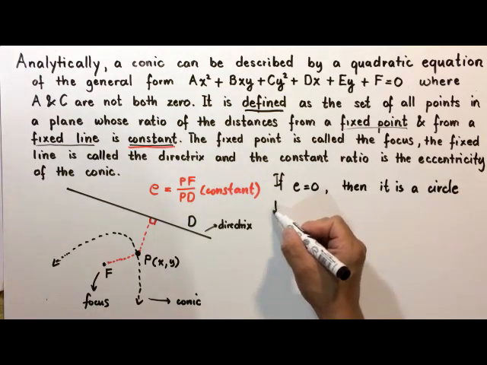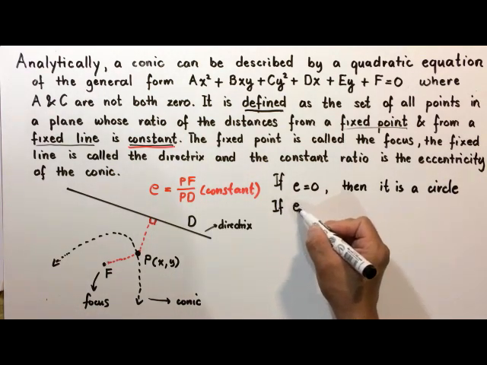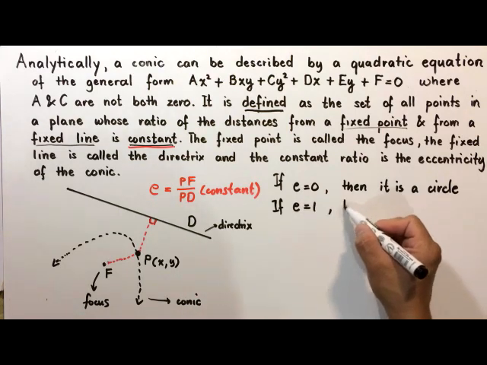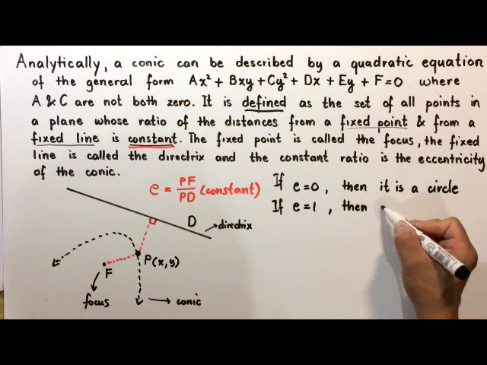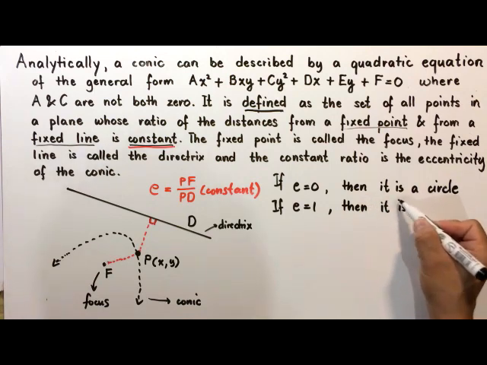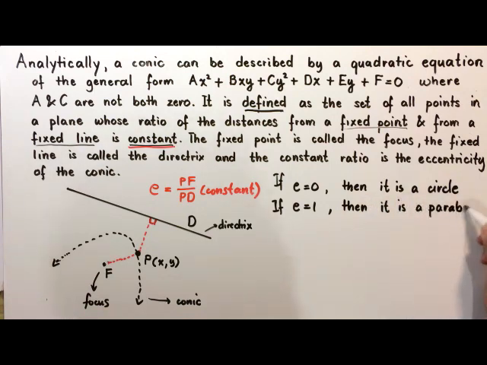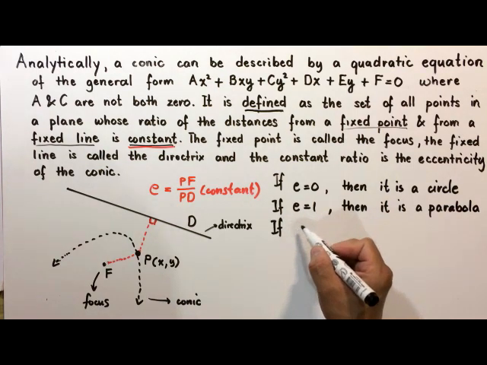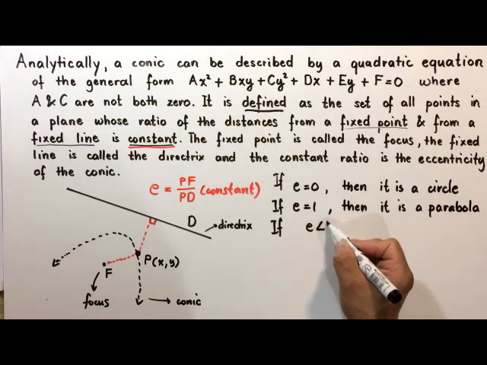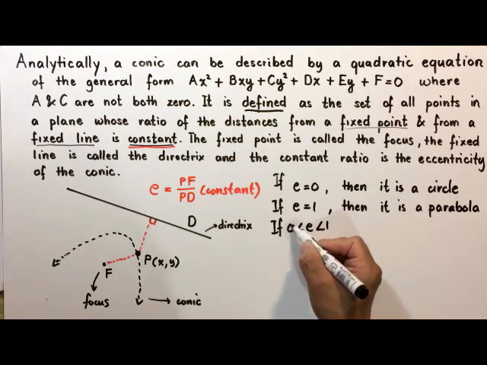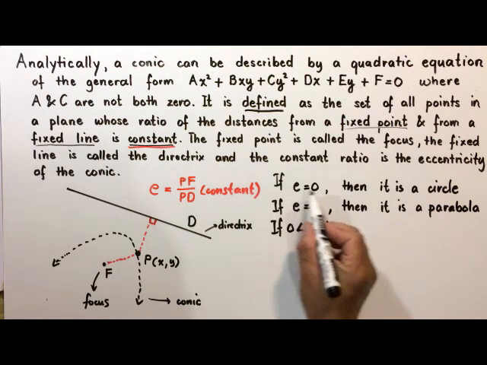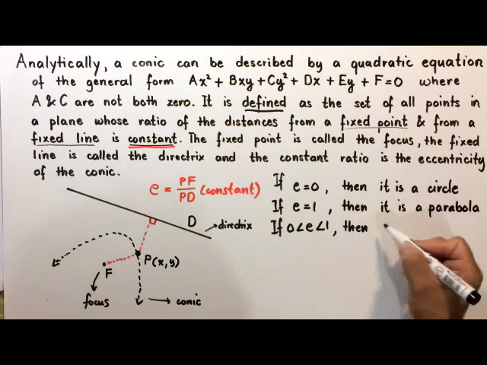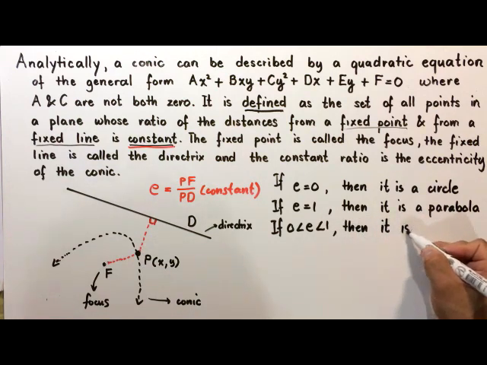But if the eccentricity is equal to 1, then the conic is called a parabola. However, if the eccentricity is less than 1 but greater than 0, because if it is 0, it's a circle, then you can have a conic that is called an ellipse.